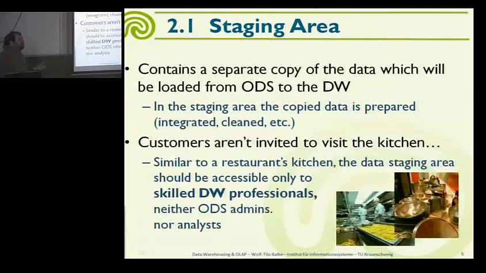The staging area has a separate copy of the new data. We were talking last time about the initial extraction, where for the first time you crawl, or the system decides what you want to have. And then you have the maintenance process. You need to maintain the data warehouse in a stable condition, right?